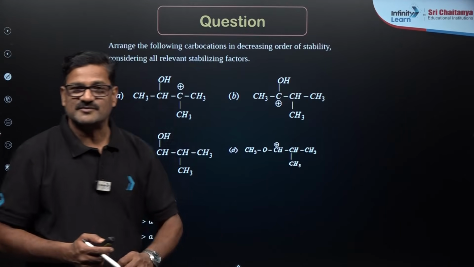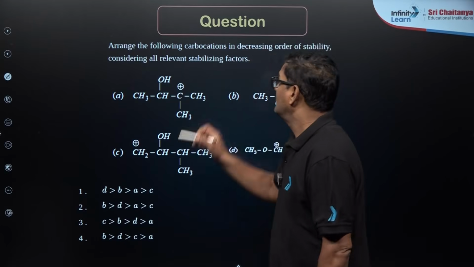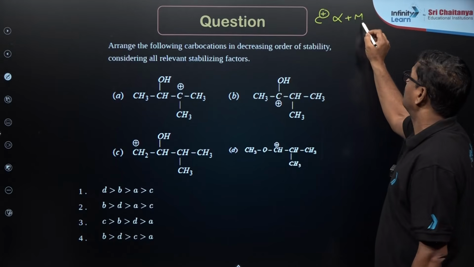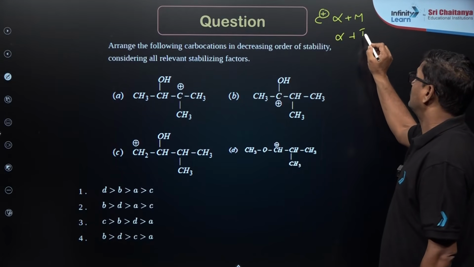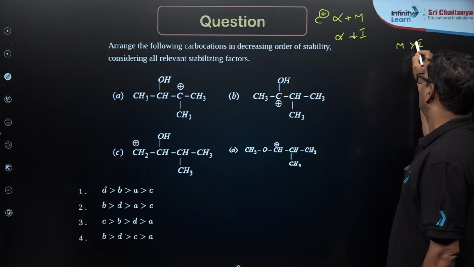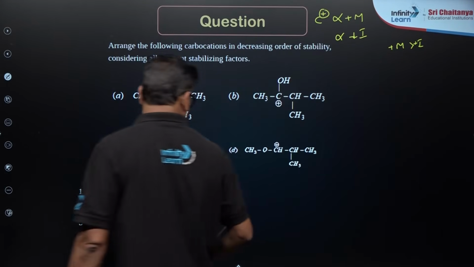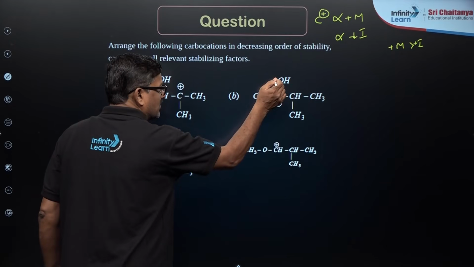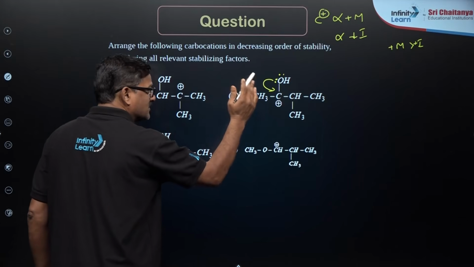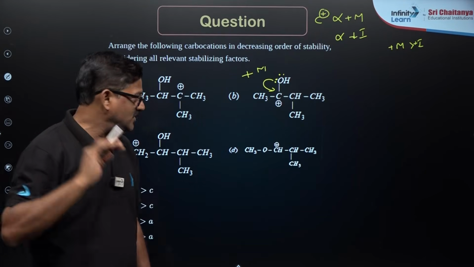Students, this is a question from GOC and is asking about the stability of carbocation. Carbocation stability is governed by positive mesomeric effect or by positive inductive effect. Mesomeric effect is always stronger than inductive effect. So if you see the given carbocations, the lone pair of electrons present on the OH group has a stronger positive mesomeric effect, so positive resonance effect. It is more stable.